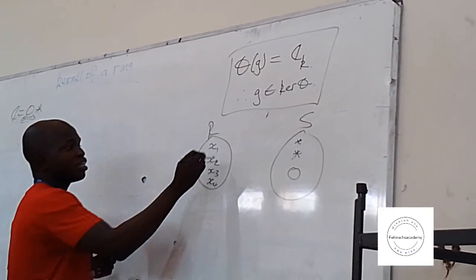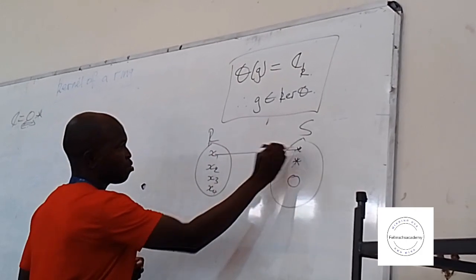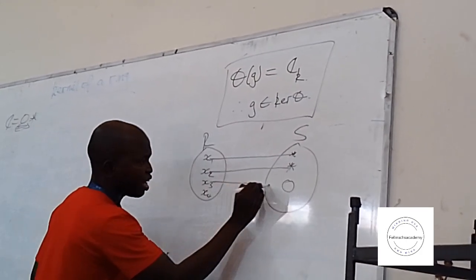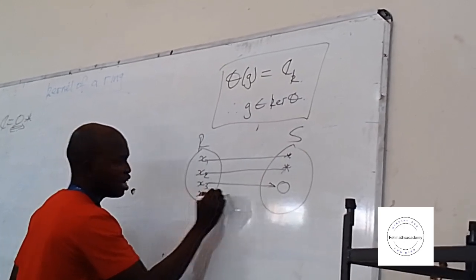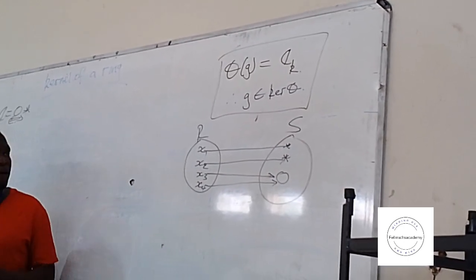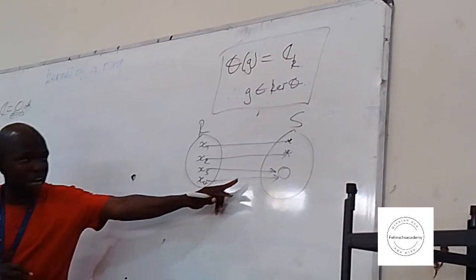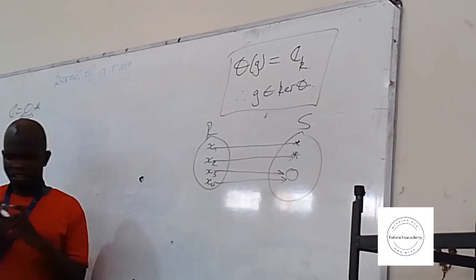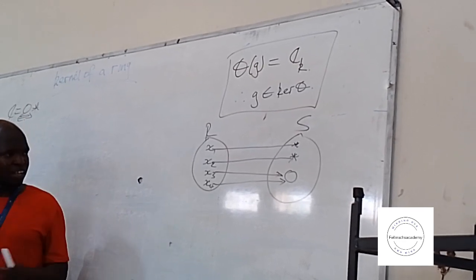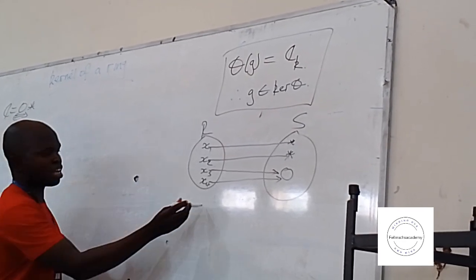Are we together? Then x1 can be mapped to this one, x2 can be mapped to this one, but x3 can be mapped to 0, x4 mapped to 0, which is our identity. So the members in the kernel of theta are x3 and x4.